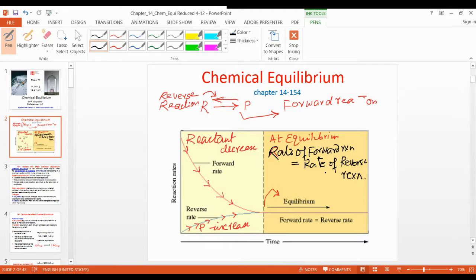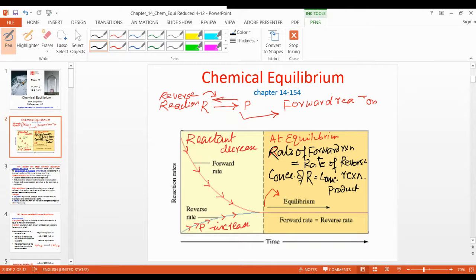That is a rate. At equilibrium, the concentration of reactant is equal to the concentration of product. No change. Same concentration, right?